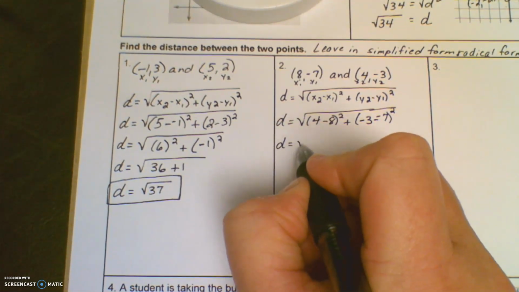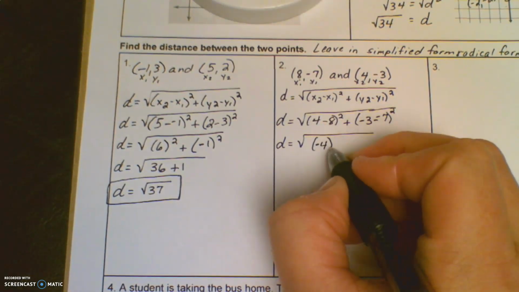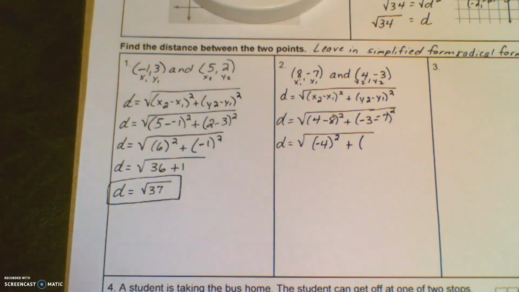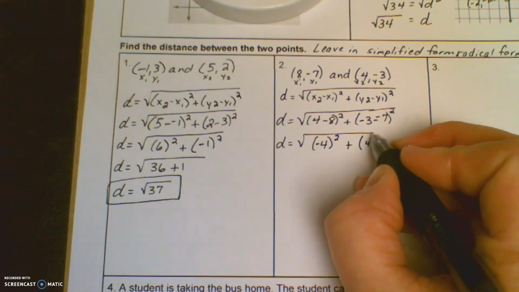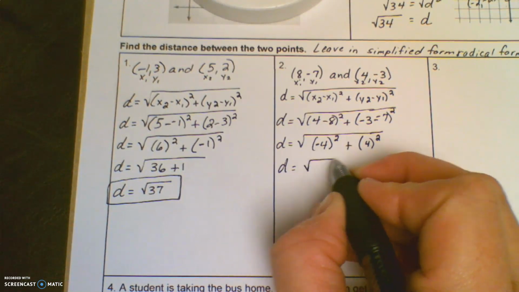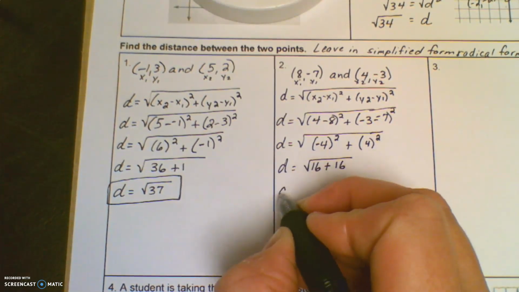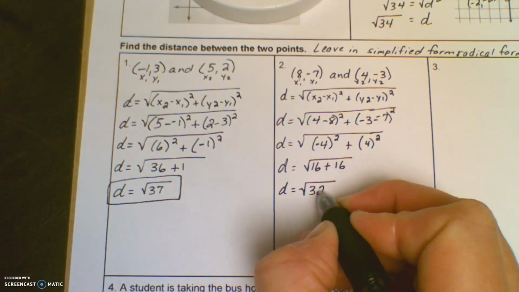Continuing to simplify, 4 minus 8 is negative 4 squared, plus negative 3 minus the negative 7 is negative 3 plus 7, which is 4 squared. Negative 4 squared is 16. 4 squared is 16. So 16 plus 16 is 32.